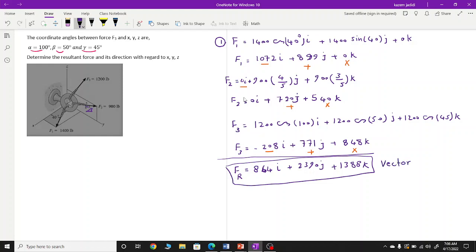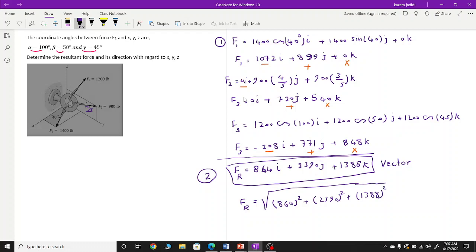Now, so this was step 2. The next step is the magnitude of the same force. And in order to find it, we can use the square root of the squares, meaning 864 squared plus 2390 squared plus 1388 squared.